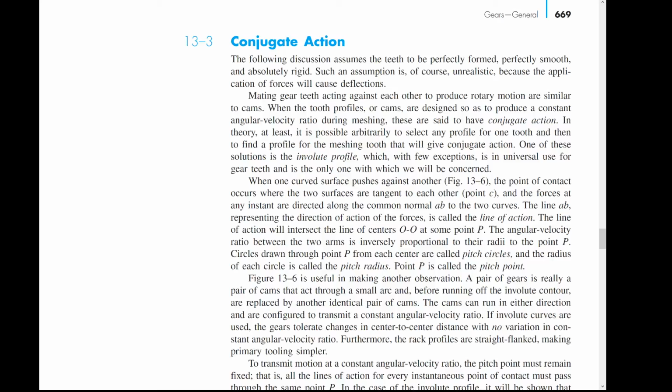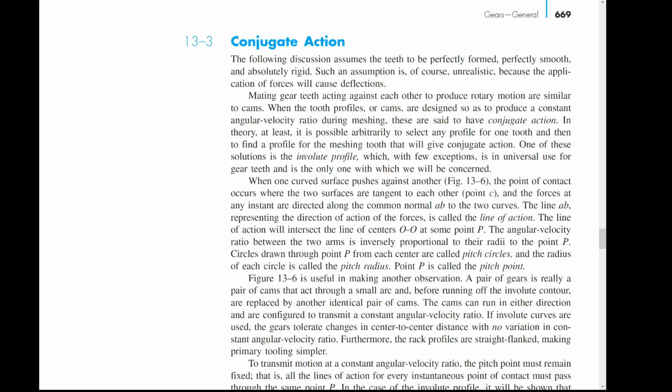When one curved surface pushes against another, the point of contact occurs where the two surfaces are tangent to each other, point C, and the forces at any instant are directed along the common normal AB to the two curves. Line AB, representing the direction of action of the forces, is called the line of action. The line of action will intersect the line of centers OO at some point P dot.